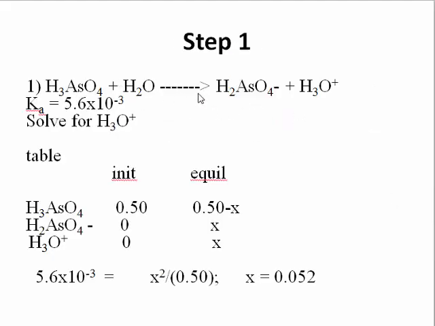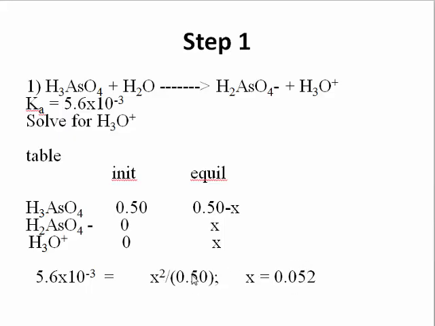Step 1 is just a weak acid ice table. K is 5.6 times 10 to the negative 3. If we set up the ice table and assume x is small, we arrive at x equals 0.052 at this point.